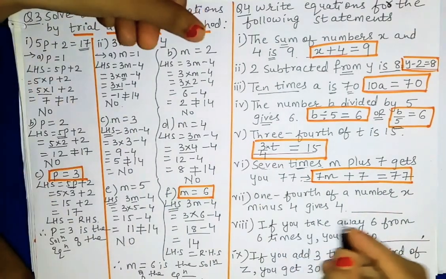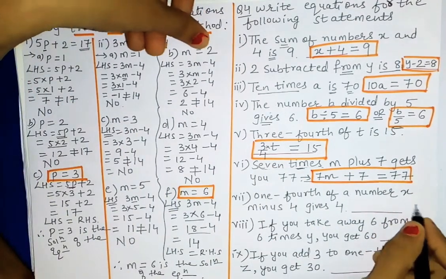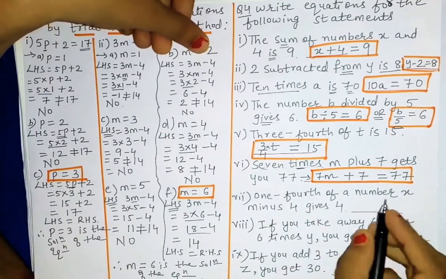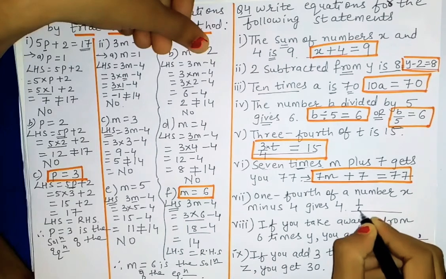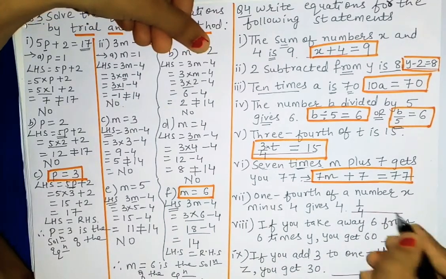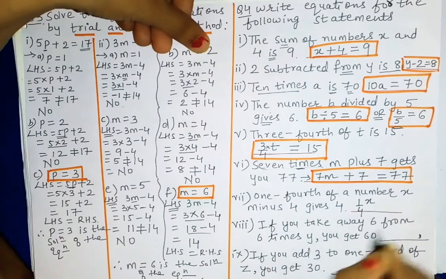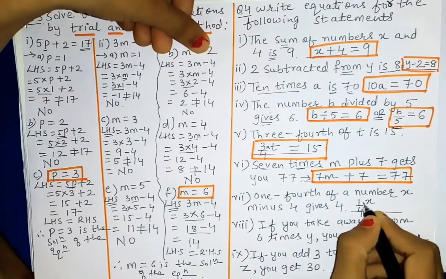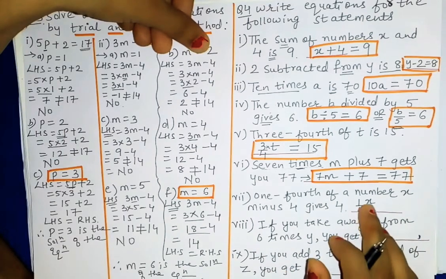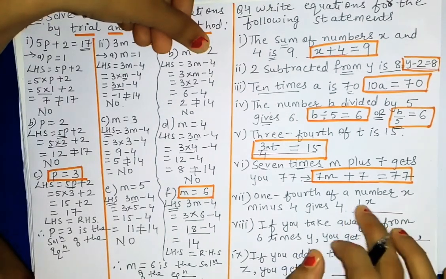Now the seventh one, 1/4 of a number x. Now again it is in fraction. 1/4 means 1 upon 4, of a number x. Again of means multiply. So 1 upon 4x. If you wish, you can write a multiplication sign here, or you can also write x upon 4, because anything you multiply by 1, 1 into x is x.